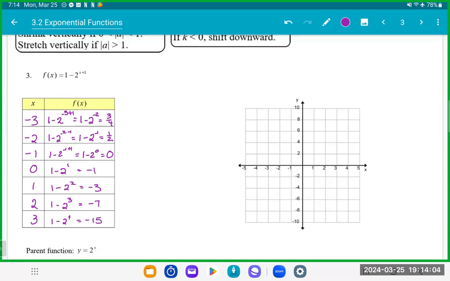Okay. So if we were to graph this one, we would have negative 3 and 3/4, negative 2 and 1/2, negative 1, 0, 0, negative 1, 1, negative 3, 2, negative 7, and 3, 15 would be somewhere down here.